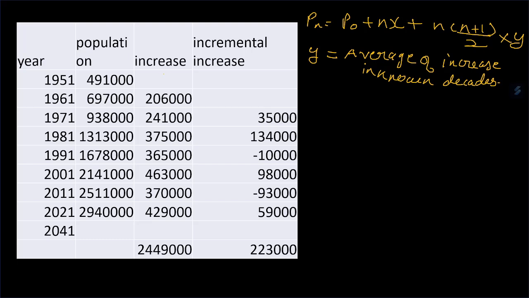Now you can see, as compared to the arithmetic increase method, I have this fourth column extra added. So this is the increase which we found out. Now this number was obtained by subtracting 2,06,000 from 2,41,000.